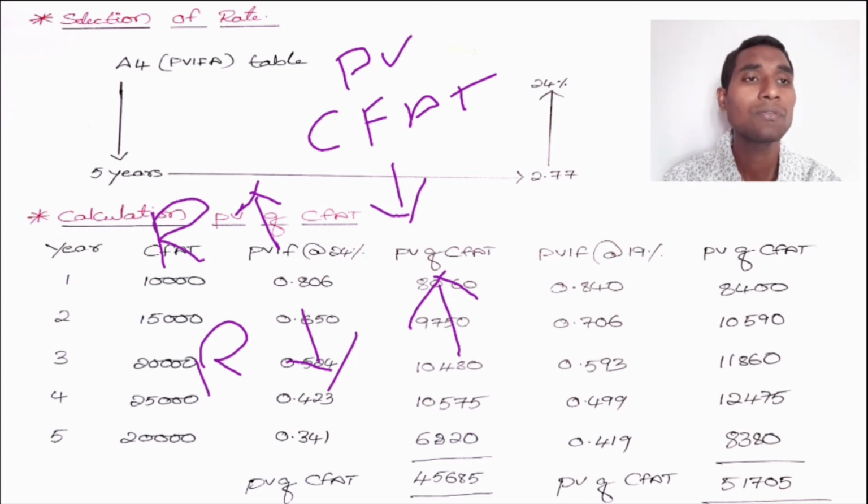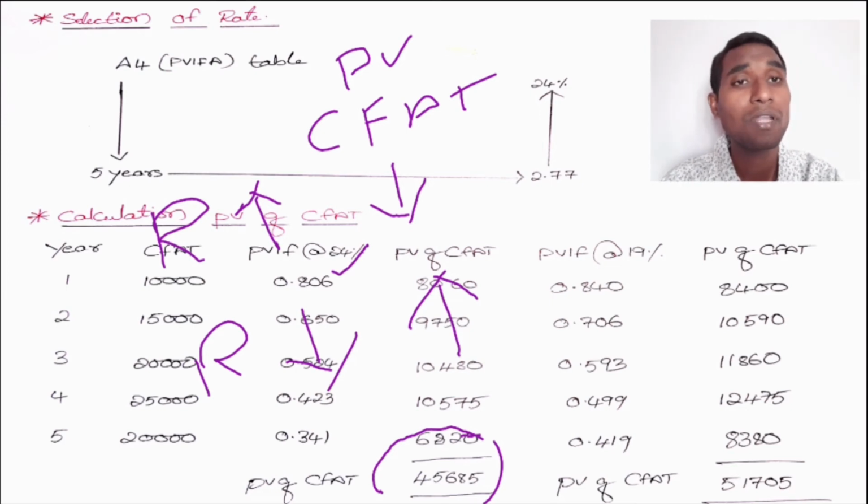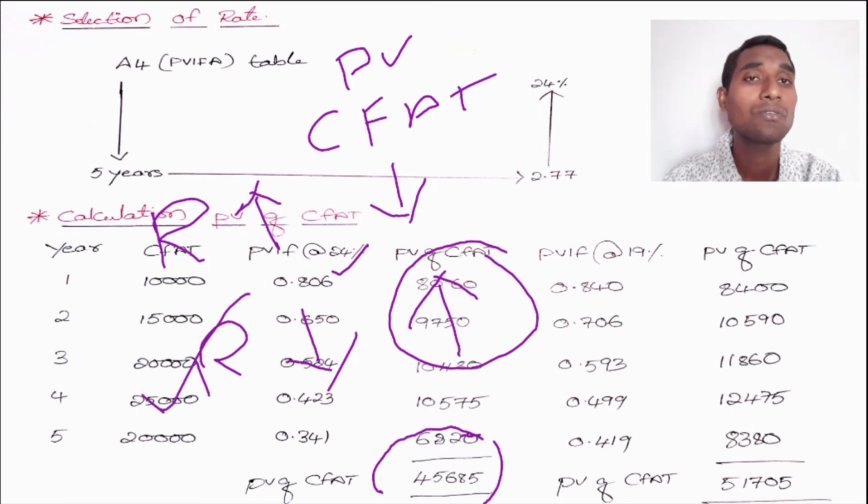So now I already have a value which is less than 50,000, my investment, when I tried at 24%. I want a larger value. If I want a larger value, I need to try at a lower rate. On an average, there is a difference of 5,000 from 50,000 to 45,000.